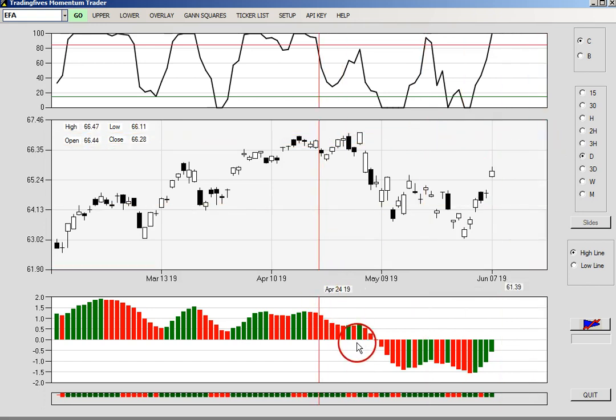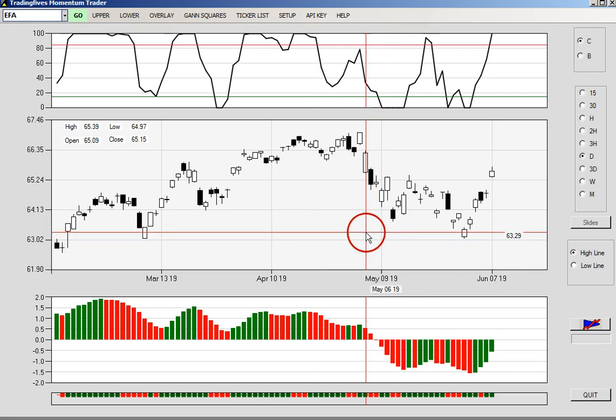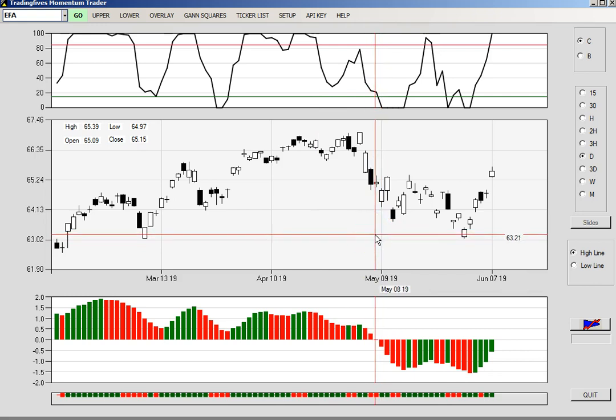So the quick lesson here is that you don't need 2, 3, 4, 5, 10, or any number of red bars leading into the green bar change in color, again because we're above the zero line. And this is the example of the zero cross, which set up the condition.